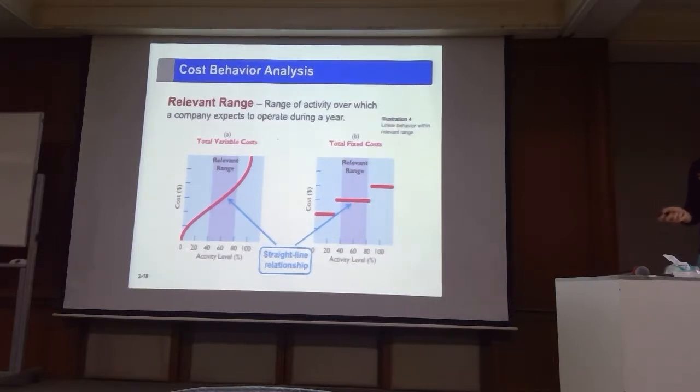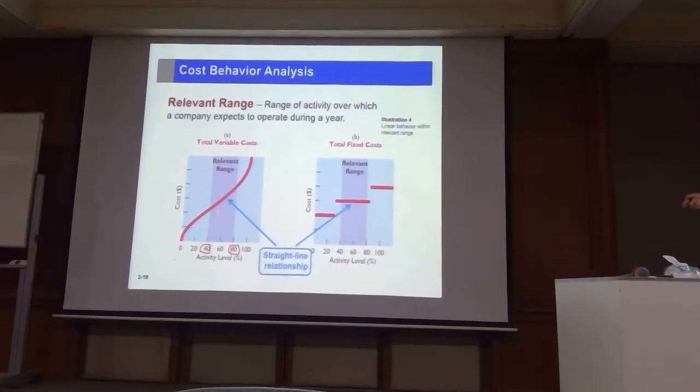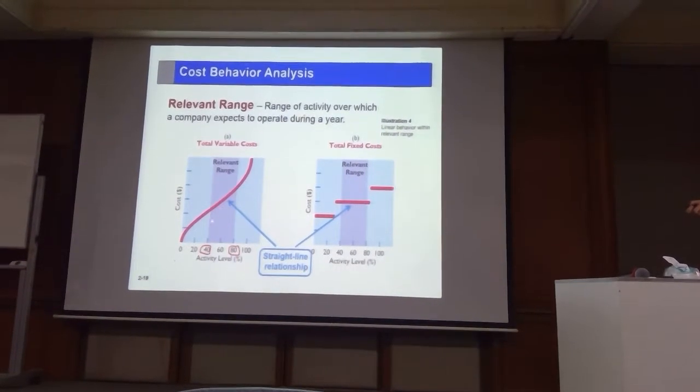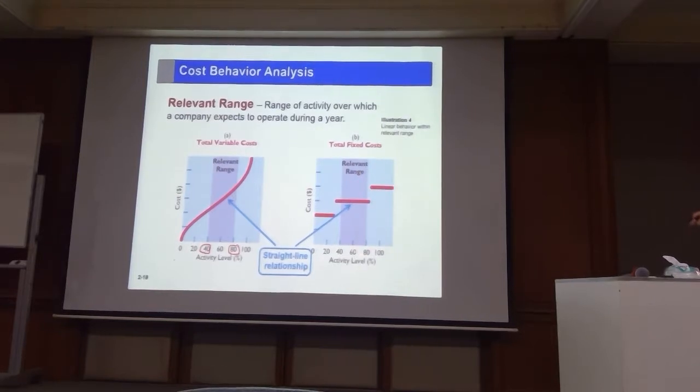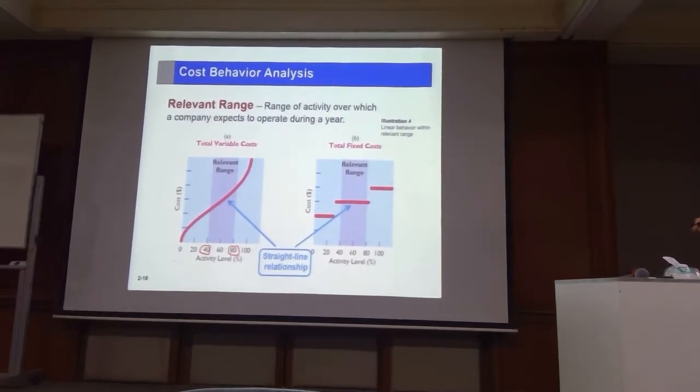The company tends to produce somewhere in the middle part. Let's say the company may produce from 40% of the capacity up to 80% of its capacity. As you can see in the middle part here, the relationship tends to be a straight line, right? Similarly, for the total fixed cost, if the company operates at 40% to 80% of its capacity, the relationship here is also a straight line, okay?